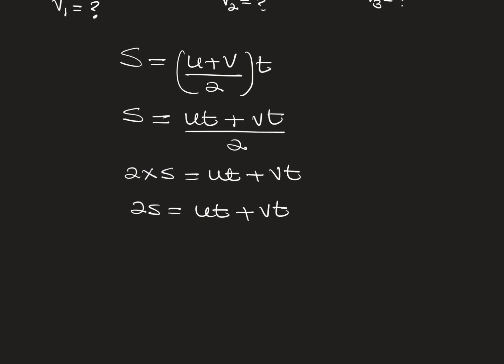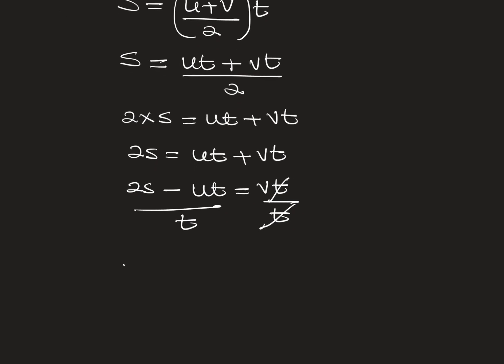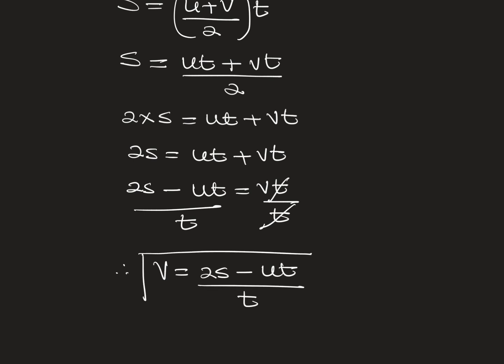Since I want to make V the subject of the formula, I can say 2S minus UT is equal to VT. To find V, I divide both sides by T. T cancels T. Therefore, V is equal to (2S minus UT) divided by T. We can use this to find the final velocity of the body at the end of each interval.